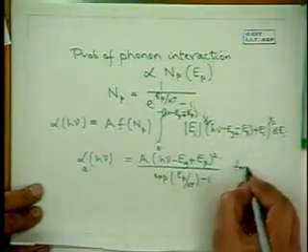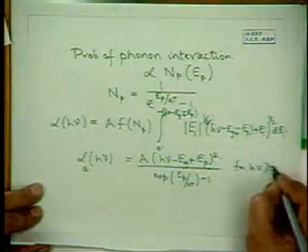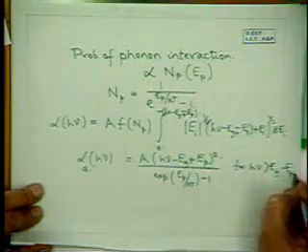This is for h nu greater than Eg minus Ep.